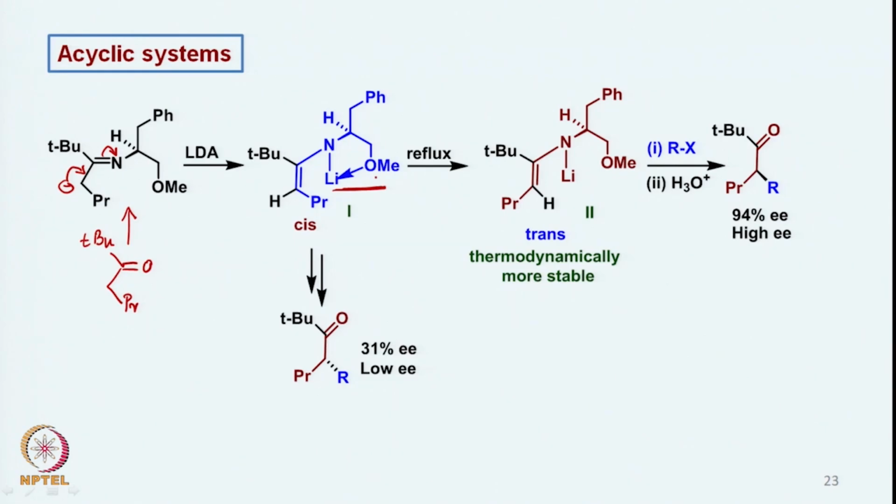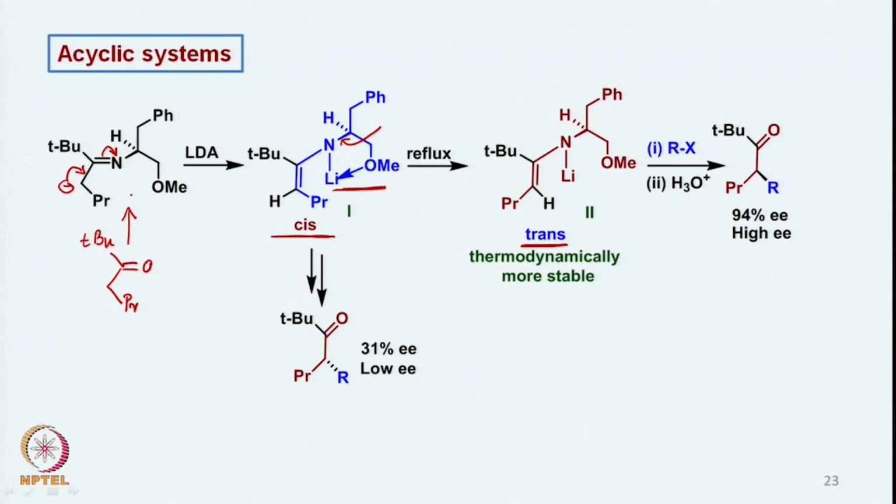Now if this is beta oriented, and therefore everything is beta oriented, the reaction should occur from the beta side. As you can see, since the ketone is acyclic, there are two possibilities: either a cis or a trans imine, or enamine, can form.